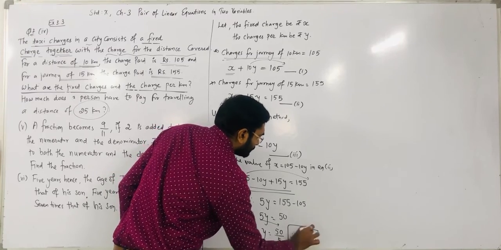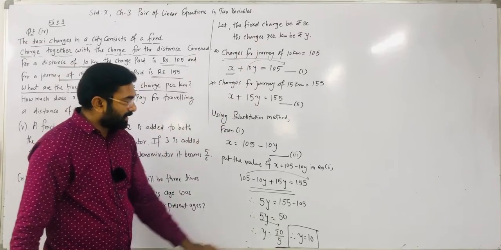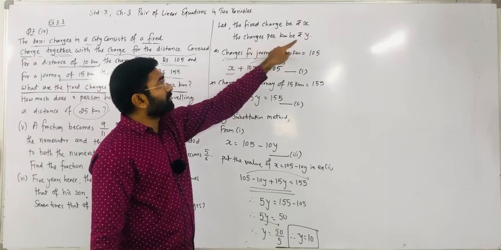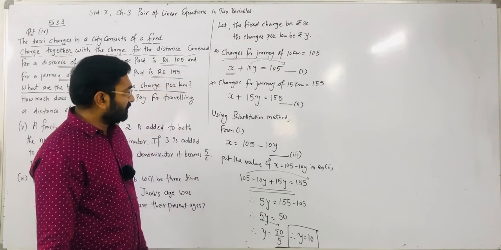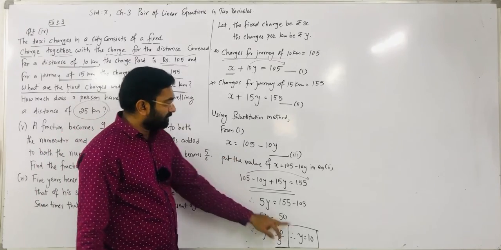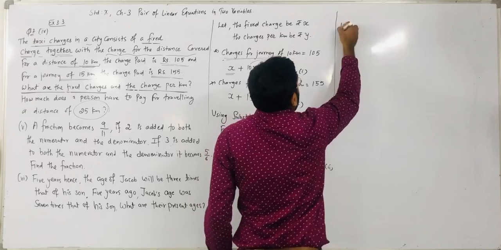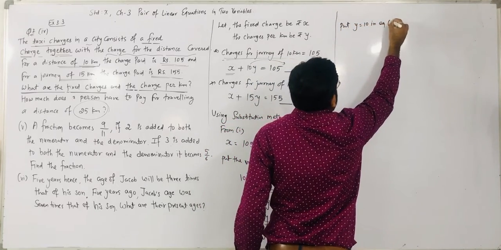We get the y value as 10. And y we assumed for the charge per kilometer. So per kilometer you have to pay 10 rupees. Now we also have to find the fixed charge. To find the x value, we put y equal to 10 in equation number 3.